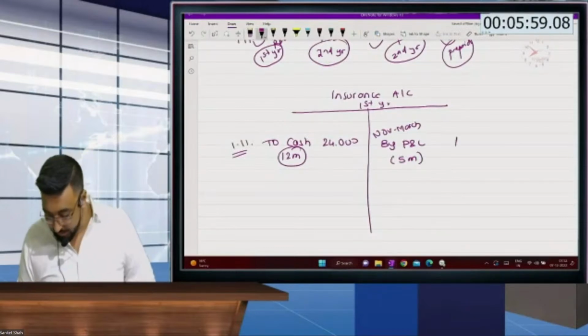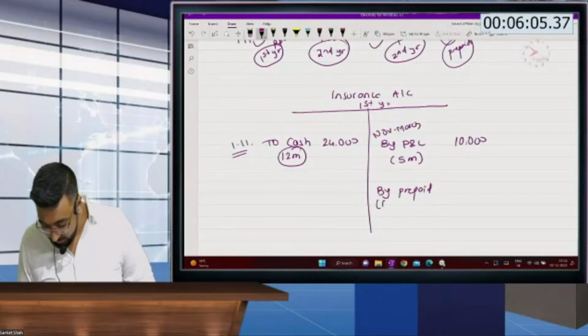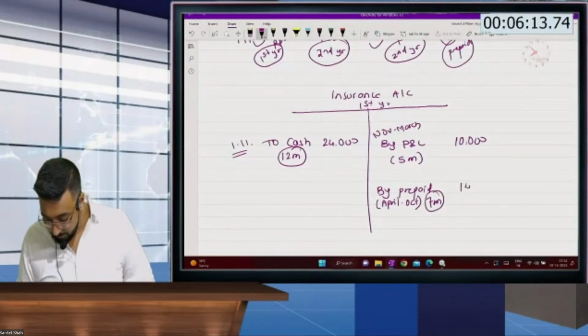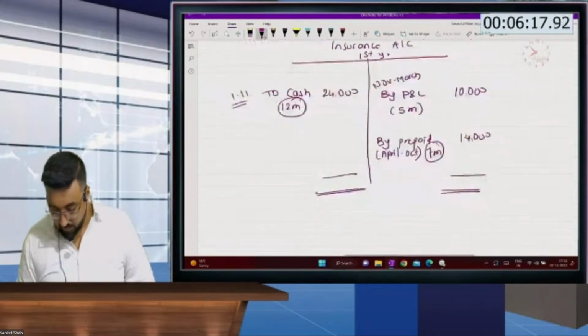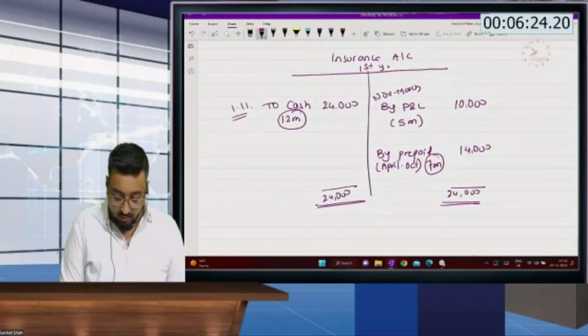So this is 10,000. And by prepaid, next year's April to October, 7 months, 14,000. So first year, beta, 24,000. First year's 24,000.